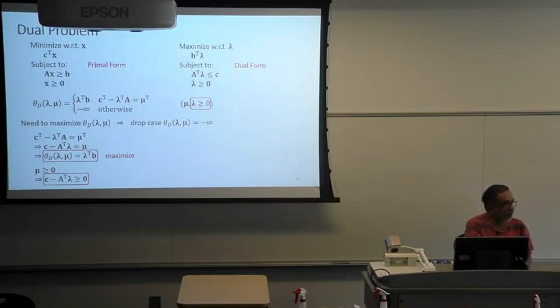What happens is the b got moved to the objective function, and the c got moved to the constraint. So since we know that strong duality holds, which one would you prefer to solve? It depends, right? On the dimensions of x and lambda. So this is the dual form.